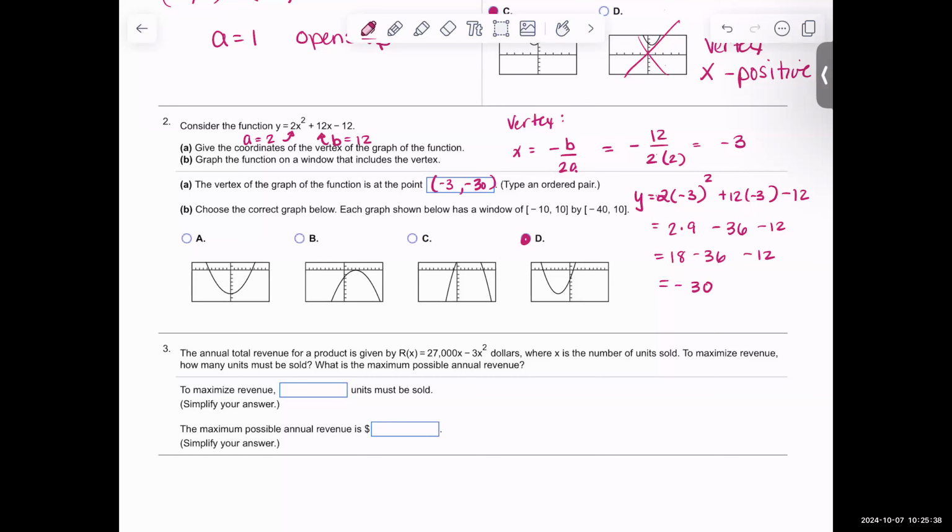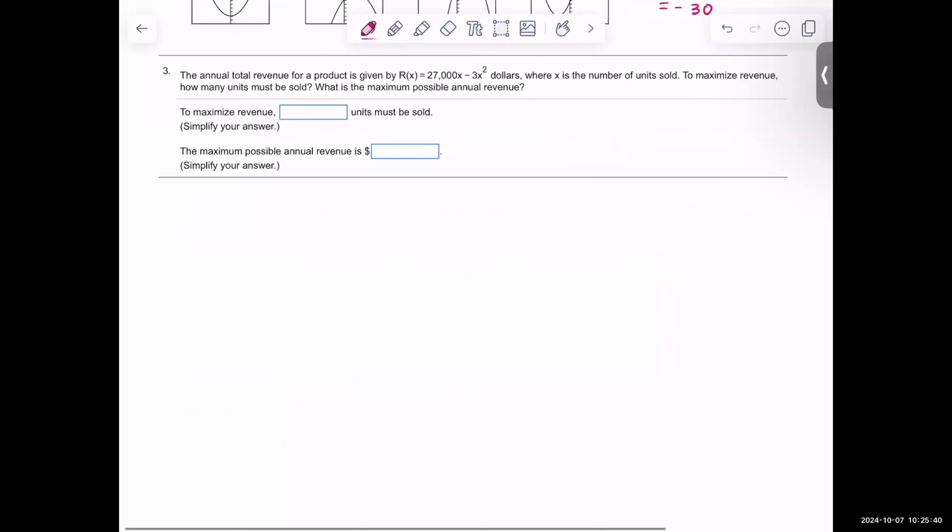Problem 3. The annual total revenue for a product is given by R(x) = 27,000x - 3x² dollars, where x is the number of units sold.